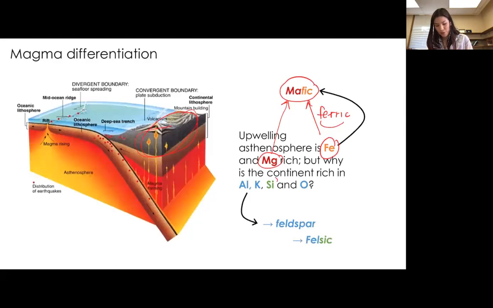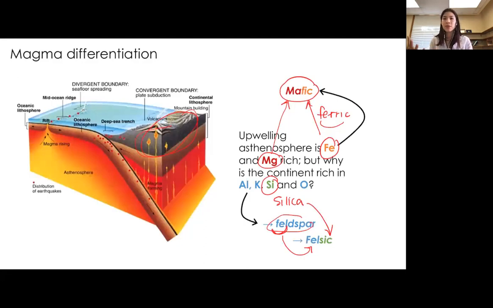So we're going to borrow from silica. We're going to create sic out of silica. And then aluminum, potassium, and oxygen are all elements that are common in feldspar rocks. And so we're going to take the fel from feldspar to combine and get felsic.